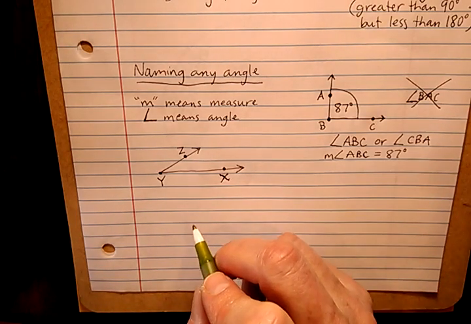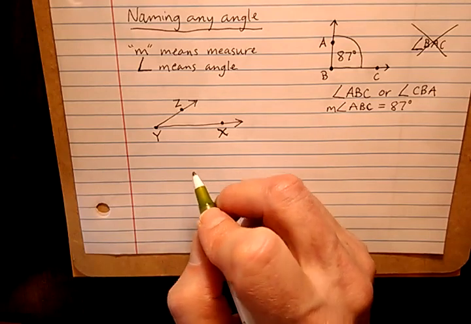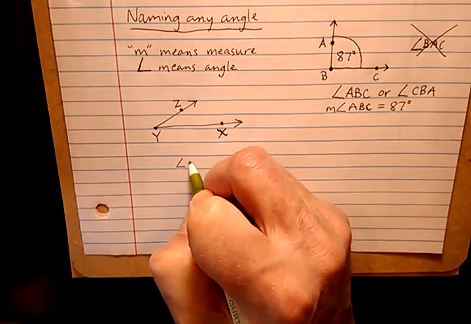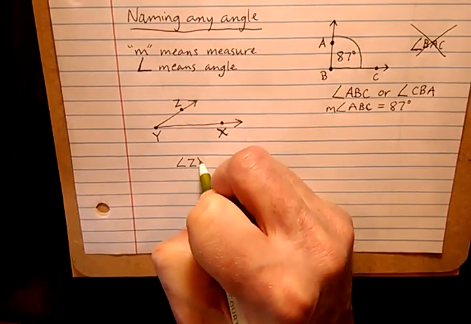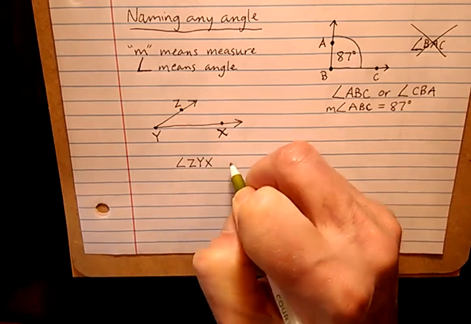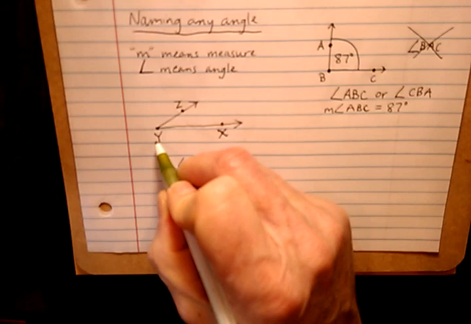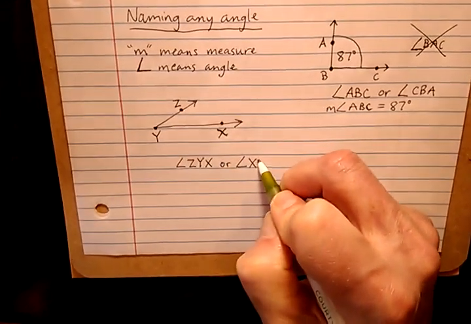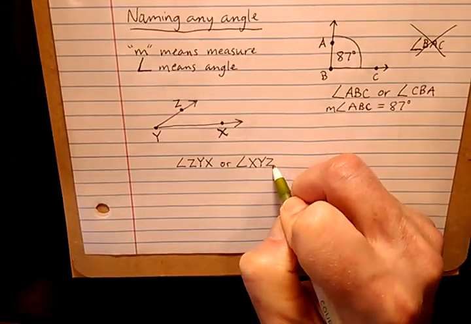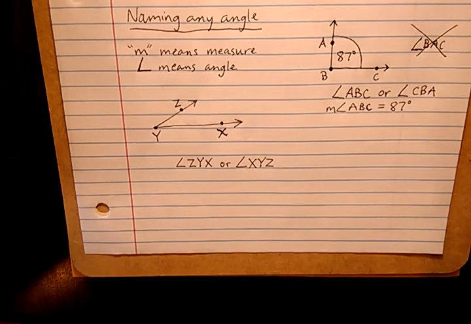We could call this angle ZYX or angle XYZ. Those are the two names that we could give that angle.